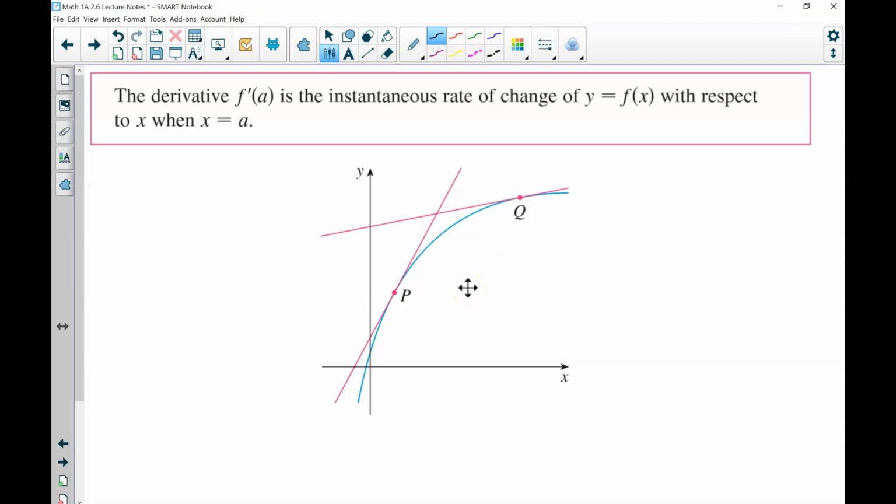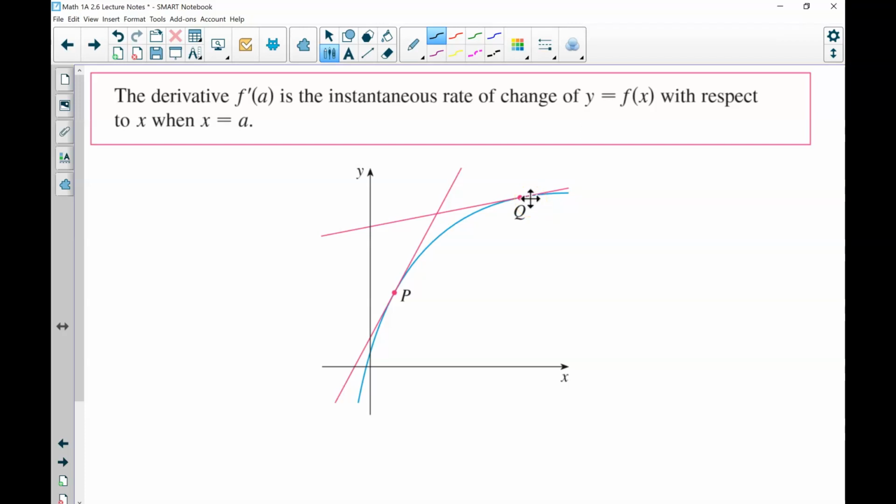So this means that when the derivative is large, and therefore the curve is steep, as at the point P here in this figure, the y values change rapidly. When the derivative is small, then you can see that the curve over here is relatively flat, as at the point Q, and the y values change slowly.